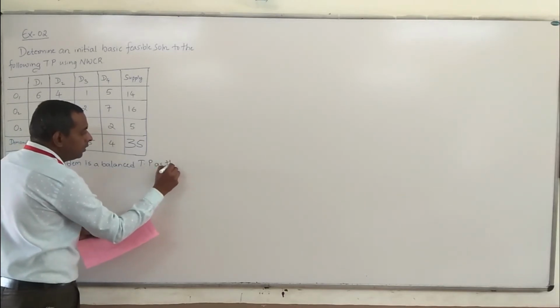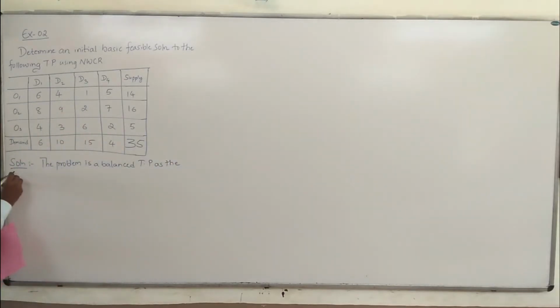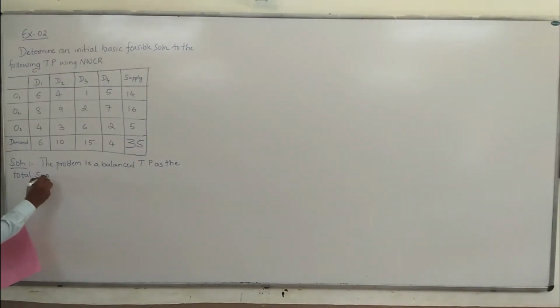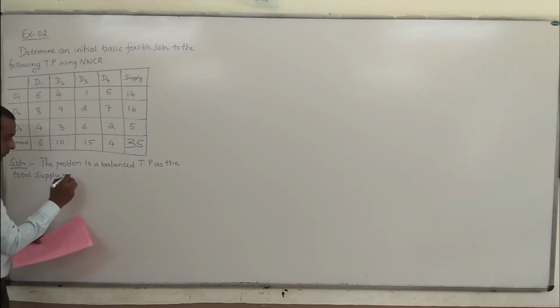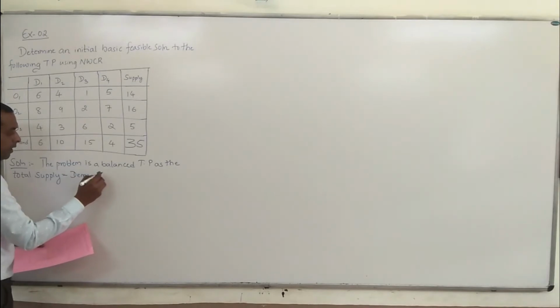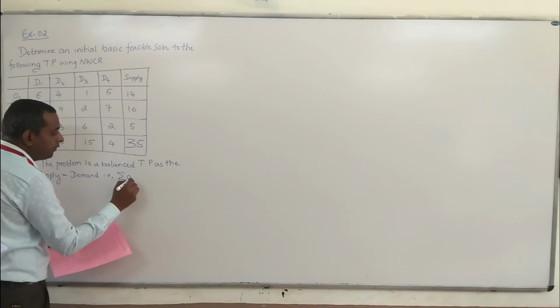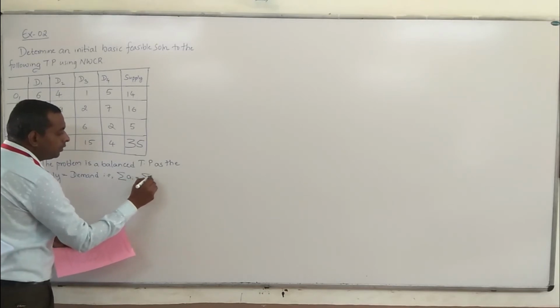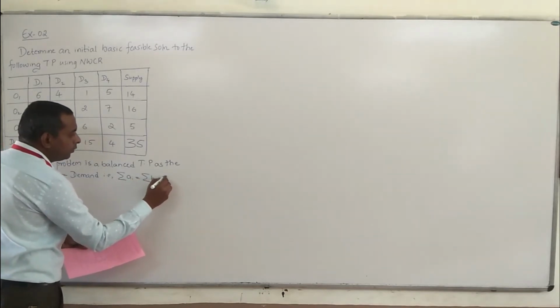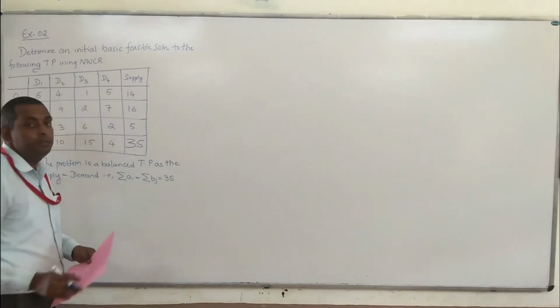as the total supply is equal to demand, that is summation of ai is equal to summation of bj is equal to 35.